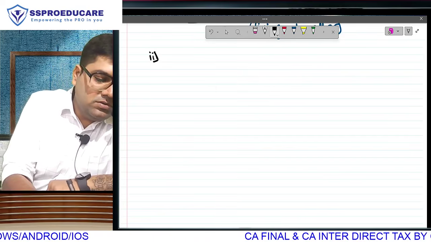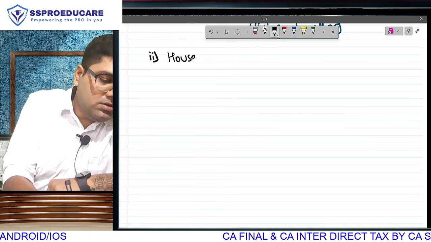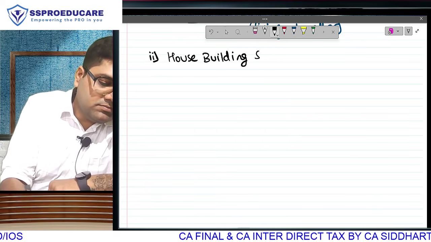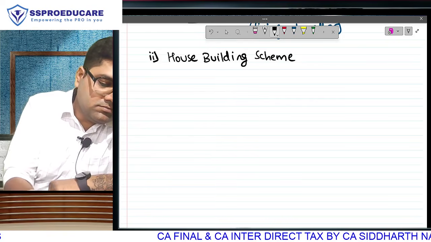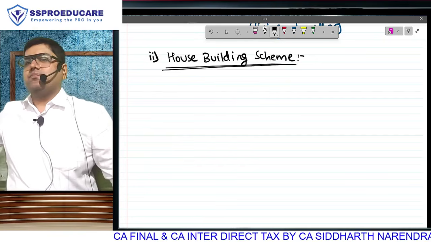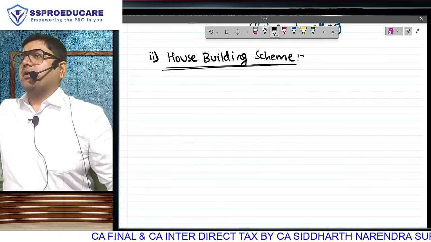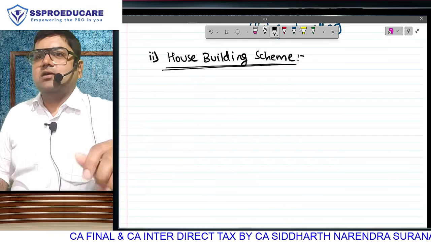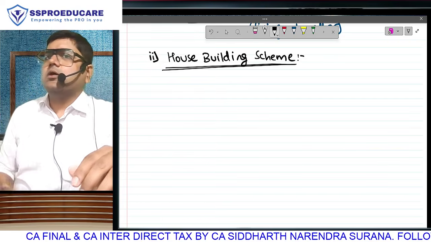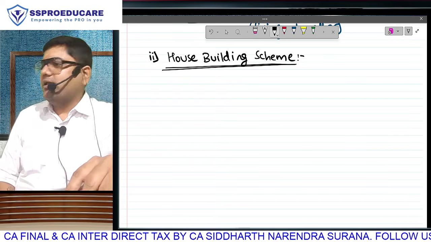Case 2: house building scheme. They have given an unnecessarily complicated heading, but the concept is very easy.